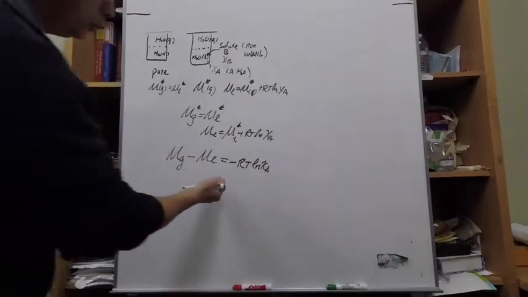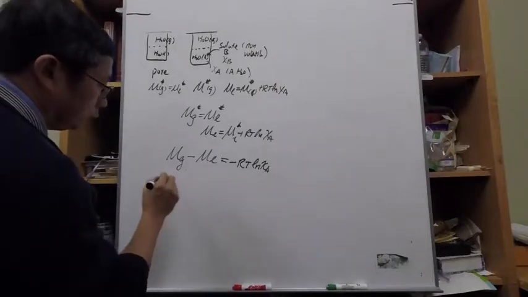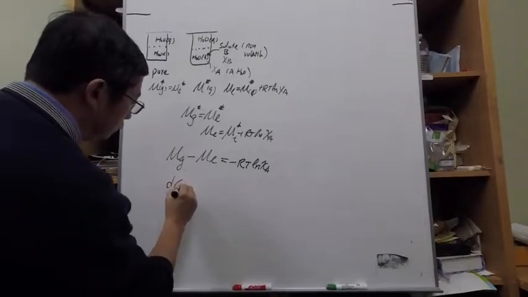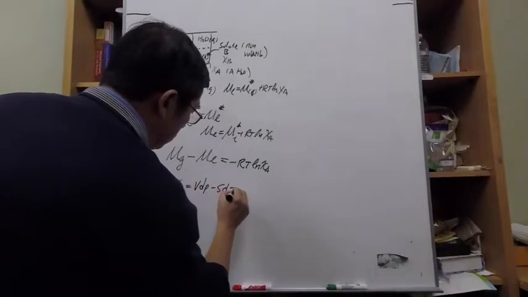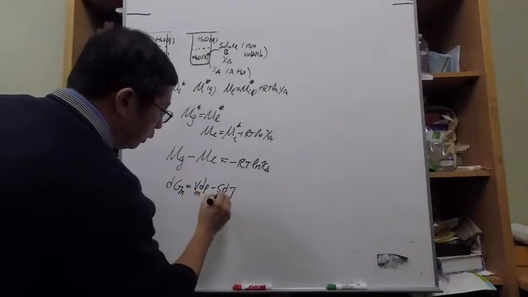Conceptually, to explain this point, we used the equation dG equals V dP minus S dT. If we talk about molar or chemical potential, we simply use the molar quantities of each.